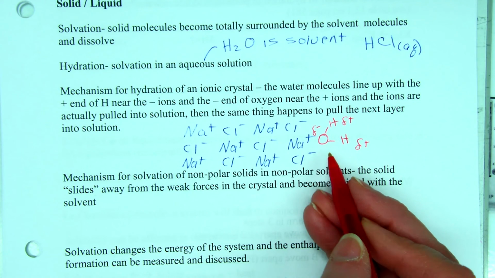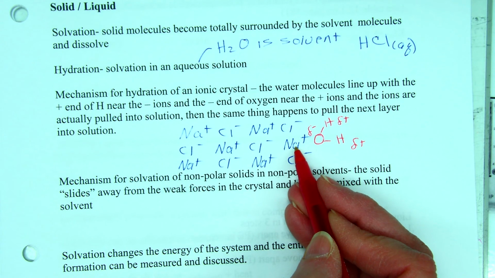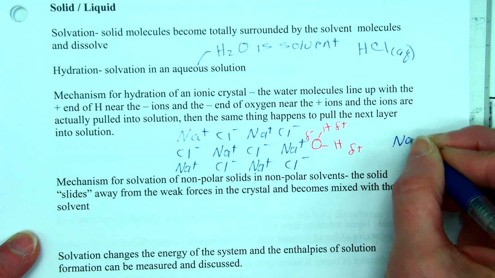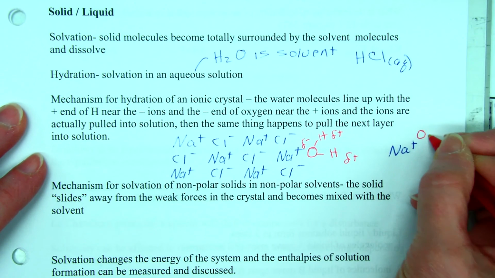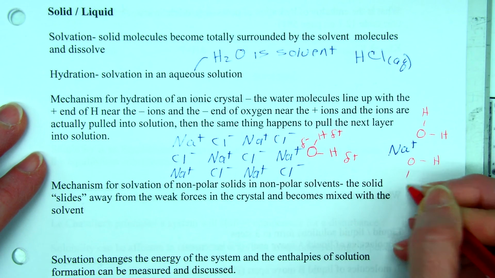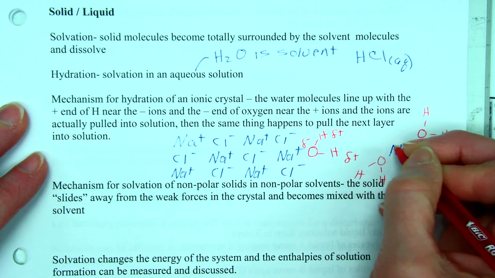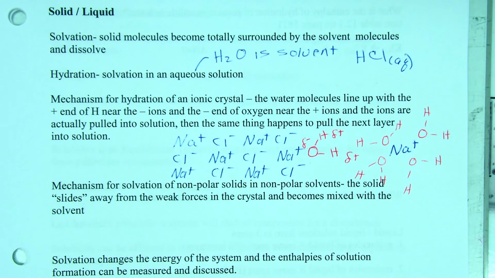So this oxygen actually interacts with the positively charged sodium ion, and it pulls it out of the lattice. So now you've got this sodium ion floating around in solution, and it becomes hydrated, or completely surrounded by water. The water sort of surrounds it like this, with the oxygen end of the molecule, the partially negative charged end, in, and the partially positively charged hydrogens out.